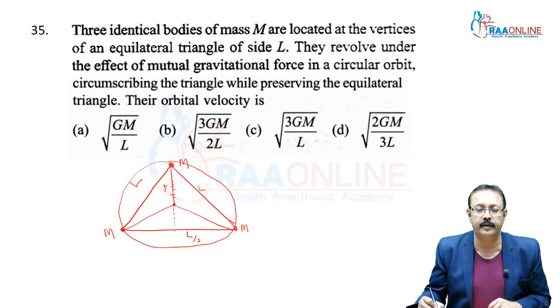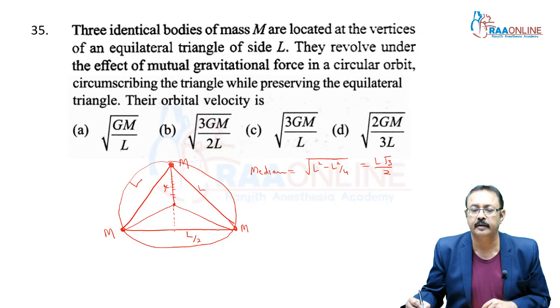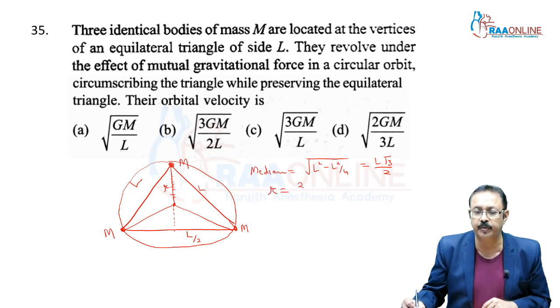Then we can calculate R. So the total length of the median is equal to under root L square minus L square by 4, L root 3 by 2. Its 2/3 portion is R. So the radius should be 2/3 of this L root 3 by 2. Means the radius of the circle is L by root 3.